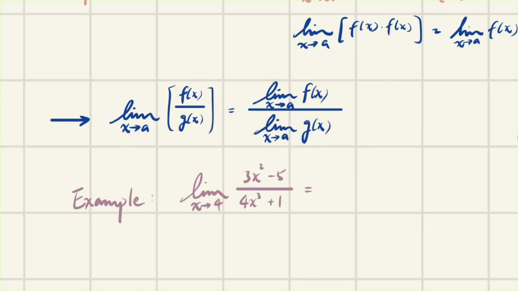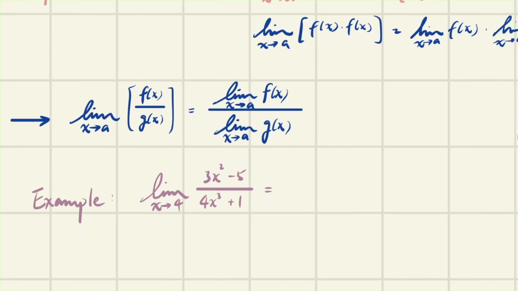So for example, I have the limit of this function, where x approaches 4. Let's see, if we plug 4 in, we reach a value, it's continuous.